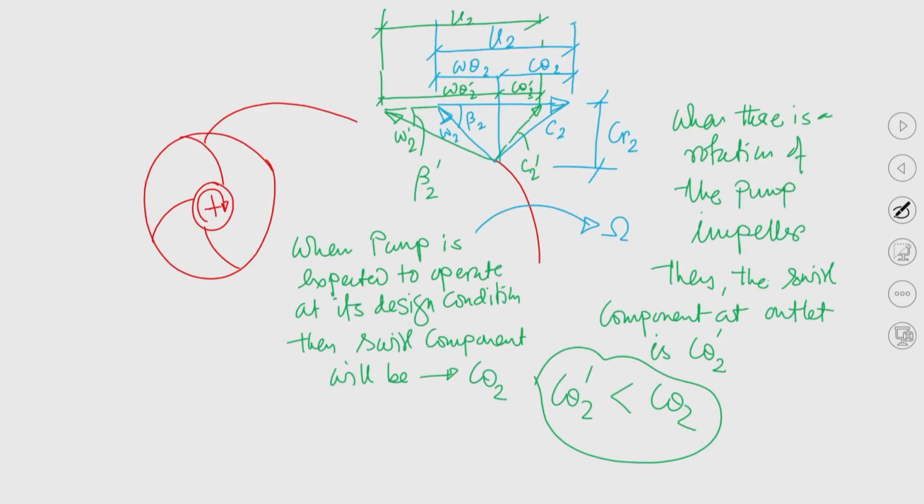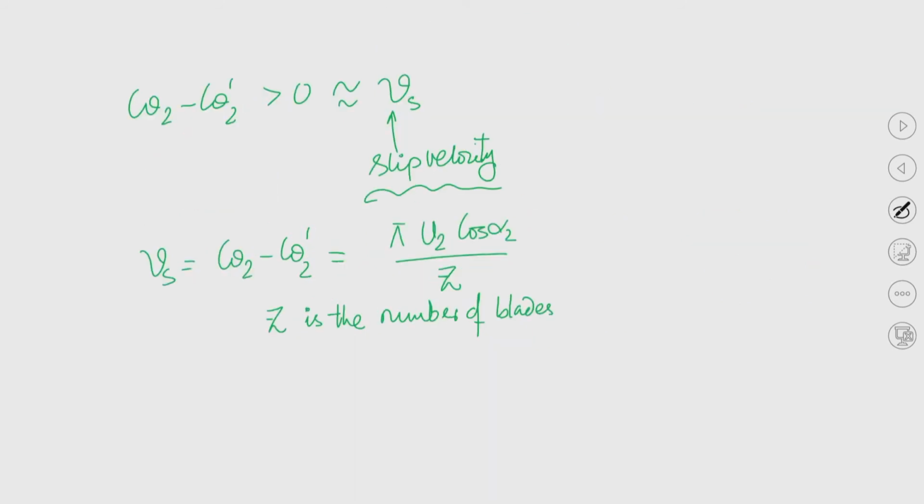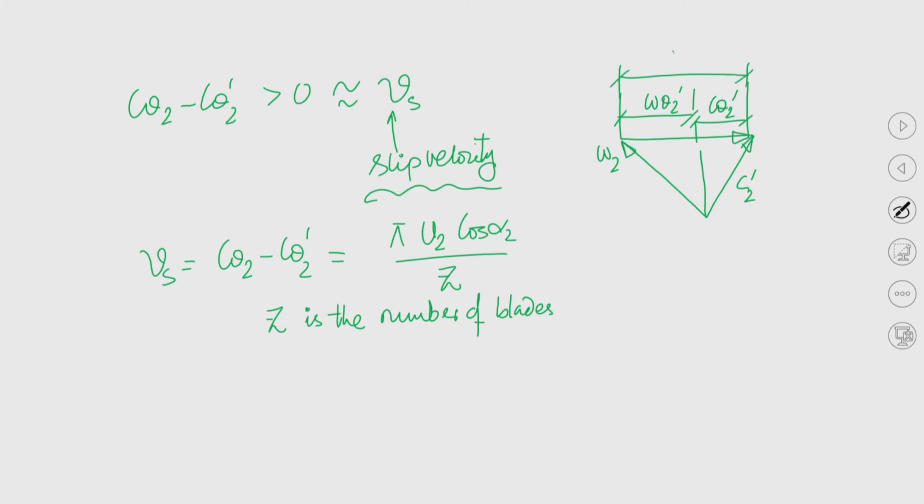So what is alpha 2? Okay, let me draw. If I try to draw the velocity triangle at the outlet again, this is C 2 dash, this is C theta 2 dash, this is W theta 2 dash, this is W 2 and this is U 2.